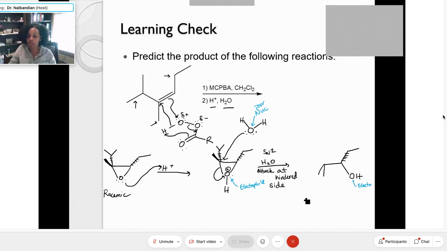We're going to end up with our two groups up here at the top now. One is on a wedge, one is on a dash. What's on the dash? Still the isopropyl. What's on the wedge? Still the methyl. But now we have our new oxygen added there, our oxygen that was the nucleophile.